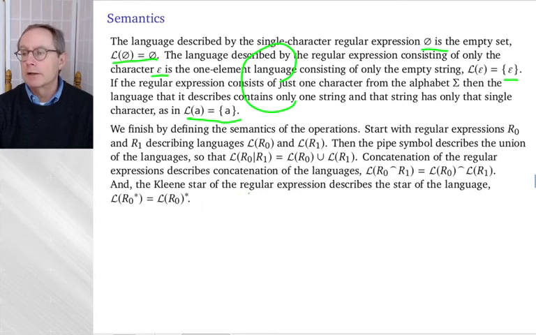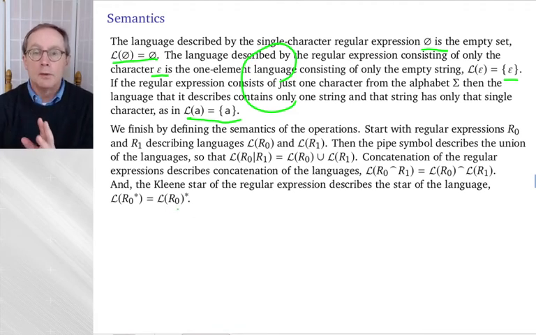And then finally, Kleene star. The Kleene star of the regular expression describes the star of the language, which of course we described earlier. And we were careful to say earlier that if you want to write down something like (A|B), so A pipe B in parentheses, and then a star, that does not consist, when we define what is the star of a language, of pick one of the two, A or B, and then repeat it.